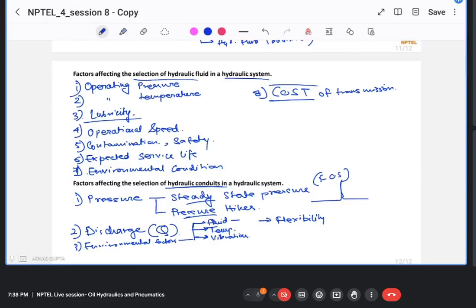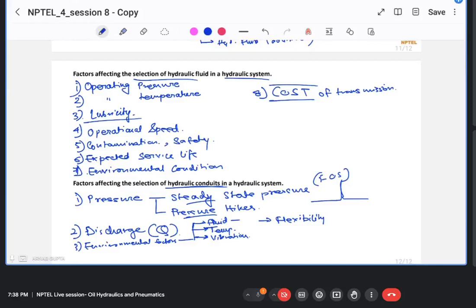There you need flexible tubing. Or there is a relative movement of the points where the conduit is being fixed. There also you need a flexible hose.